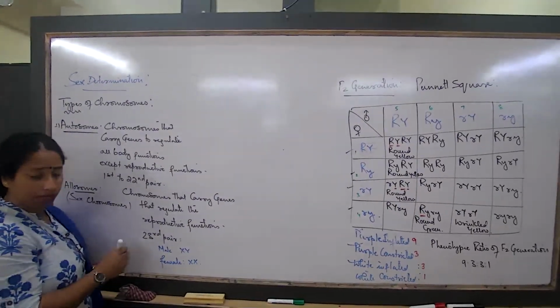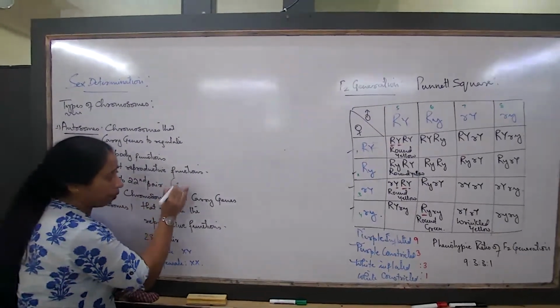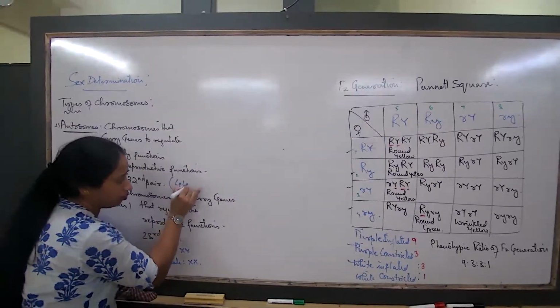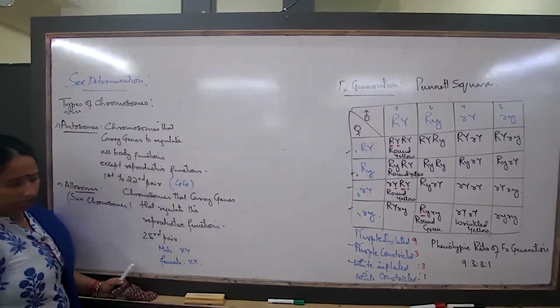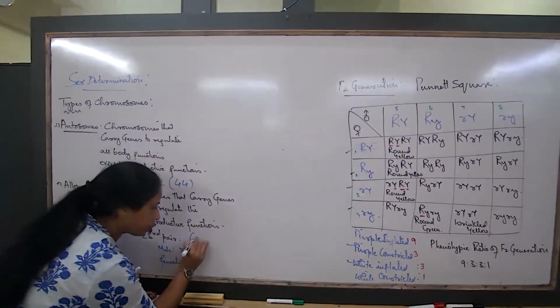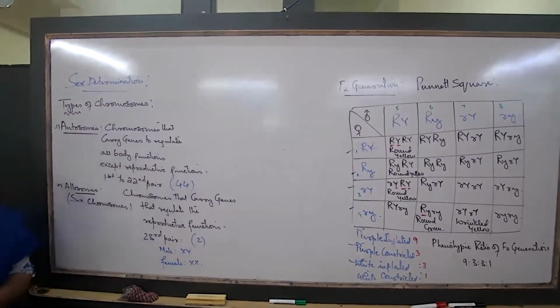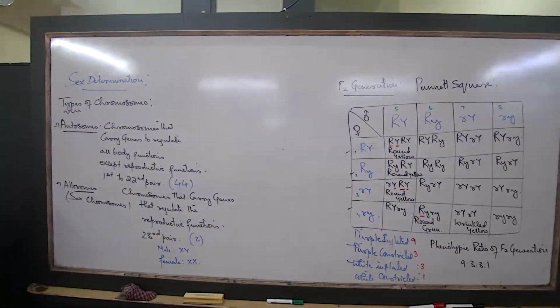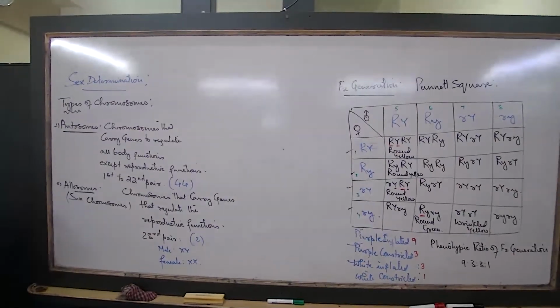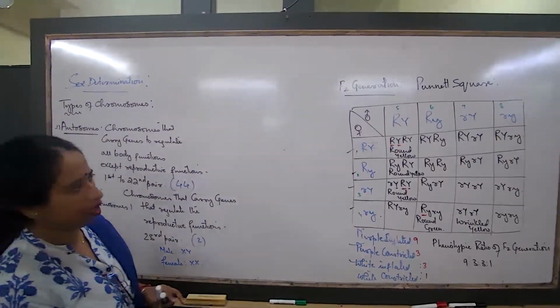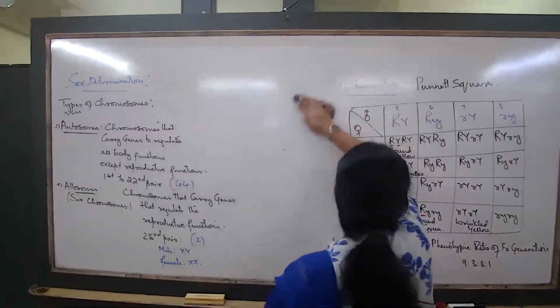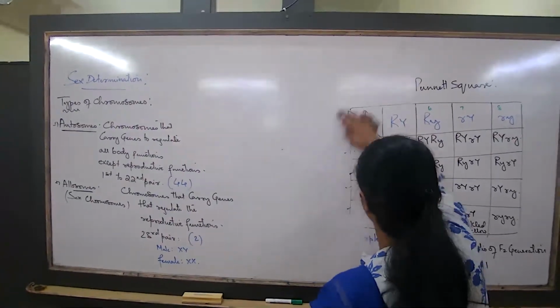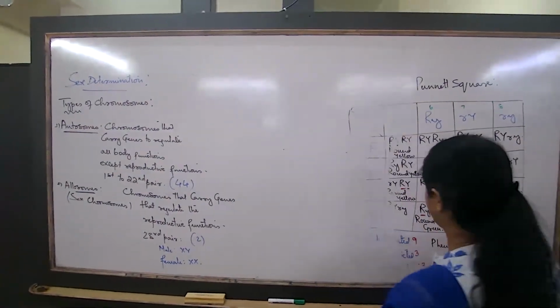First to 22nd pair, that means 44. How many sex chromosomes? 2. How many total number of chromosomes in our cells? 46.